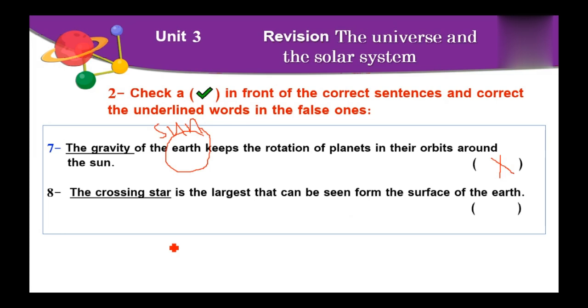Star which can be seen from the earth. Crossing star? No. Sun. Excellent. My dearest student. Sun. Another question.